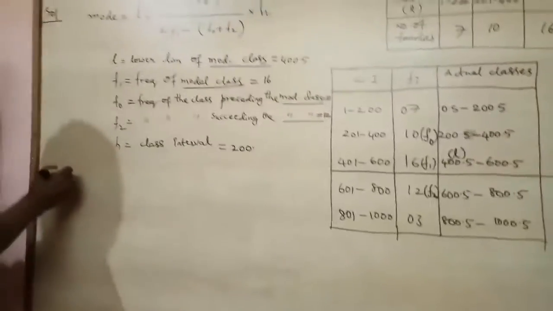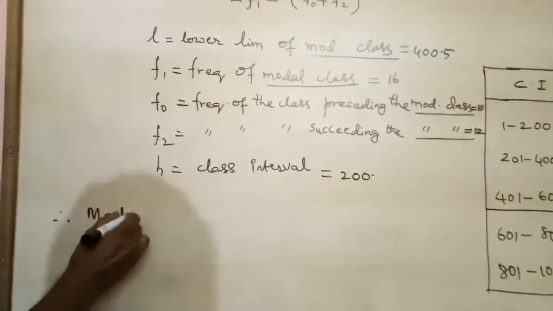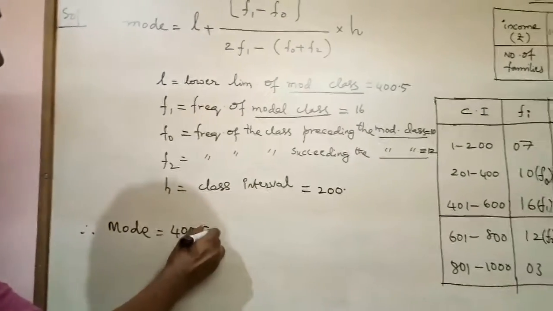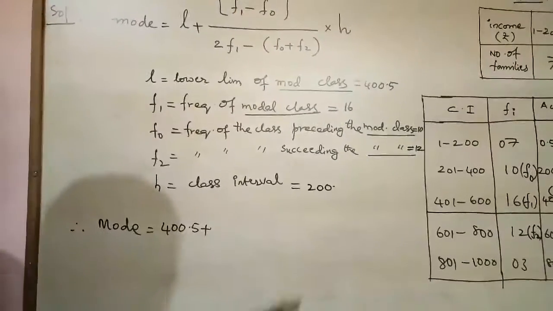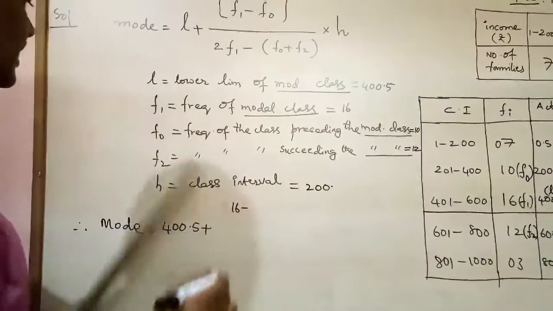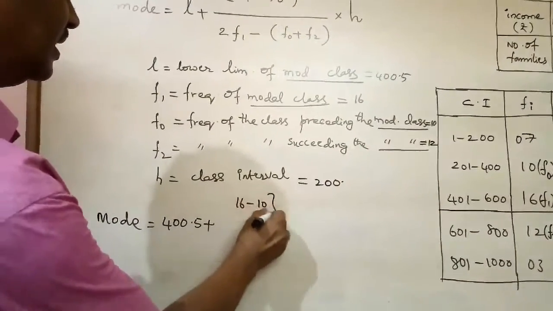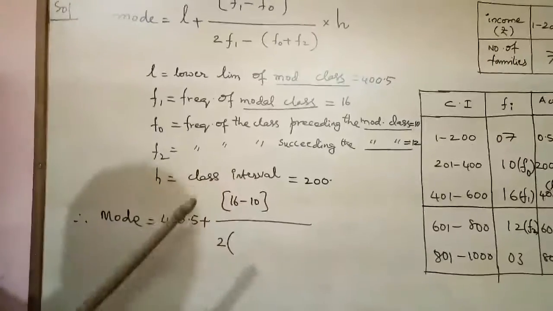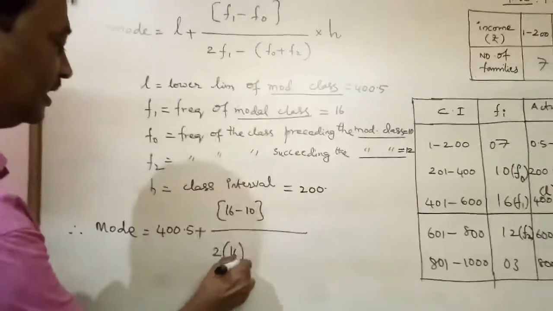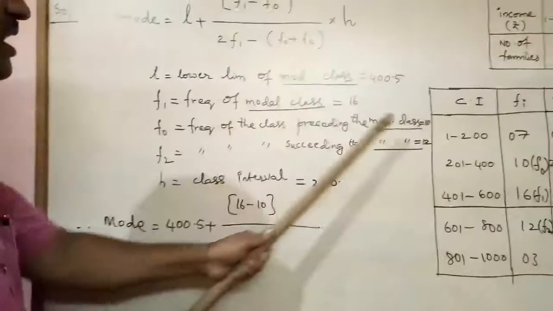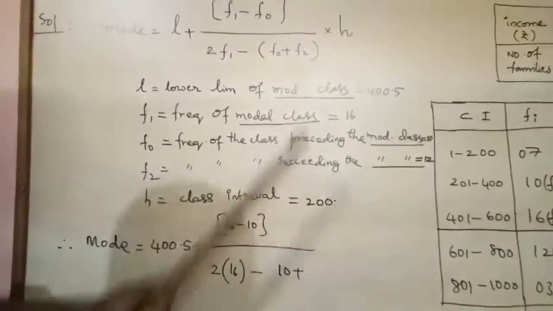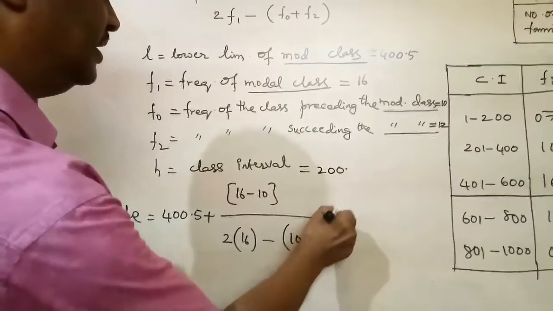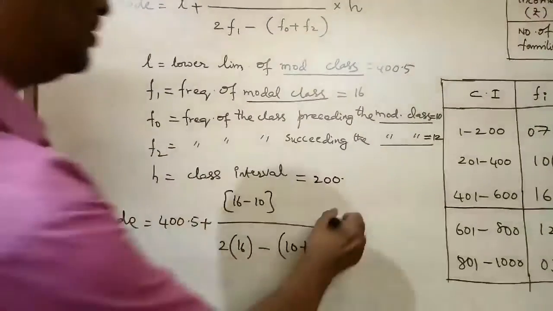Now substitute. Mode is equal to L, which is 400.5, plus (F1 minus F0), F1 is 16 and F0 is 10, by (2F1, which is 32, minus F0 which is 10, plus F2 which is 12) into H, which is 200.